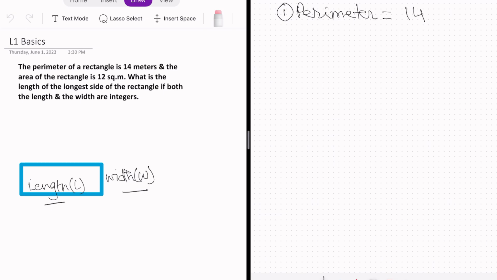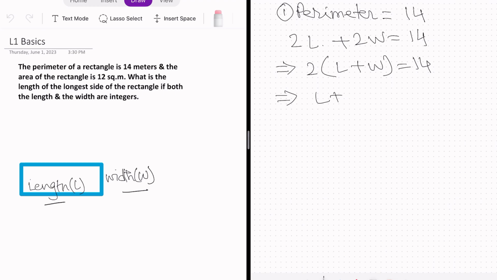Now we know perimeter is twice length plus twice width is equal to 14, or taking 2 as common, length plus width is equal to 14 divided by 2, or length plus width is equal to 7.